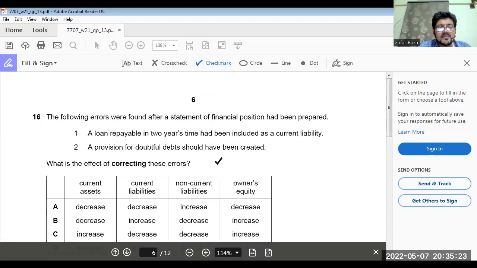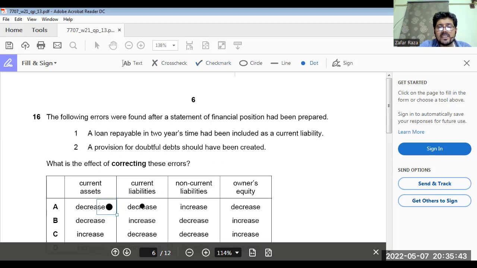Question number 16. The following errors were found after a statement of financial position had been prepared. A loan repayment in 2 years' time had been included as a current liability. A provision for doubtful debts should have been made; when you create provision for doubtful debts, your current asset decreases.